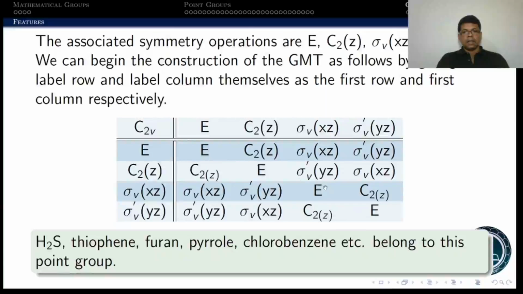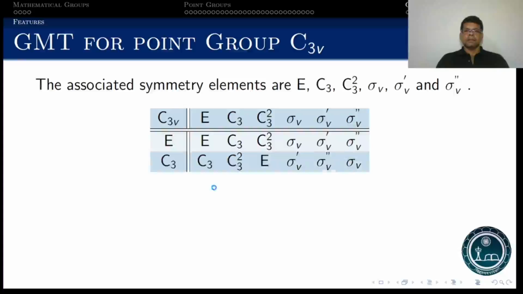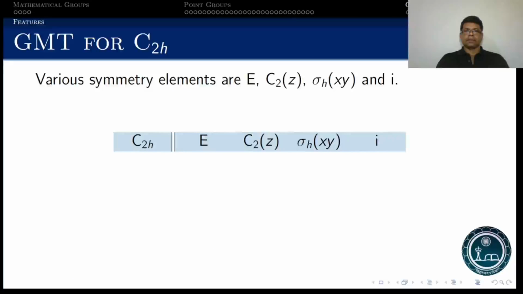Through the diagonal there will be the identity element. The similarity between C2V and C2H: the first three are E, C2Z, sigma HXY, and sigma HYZ is also there.